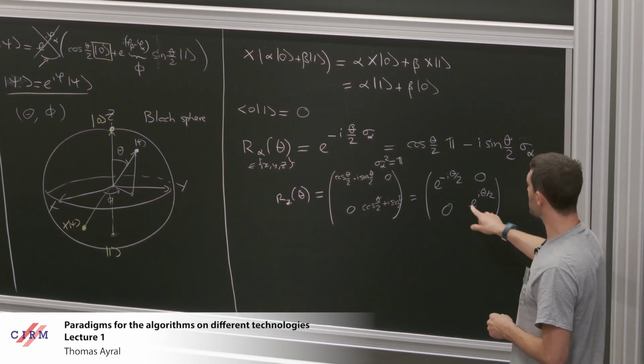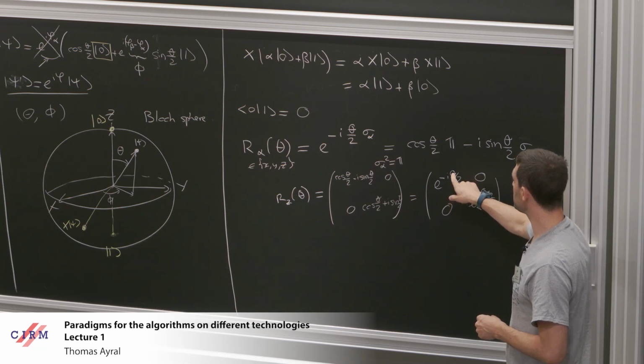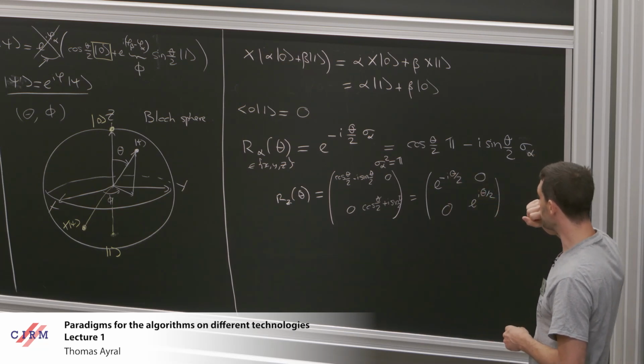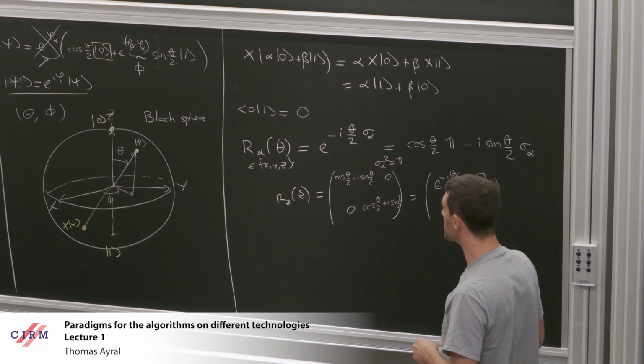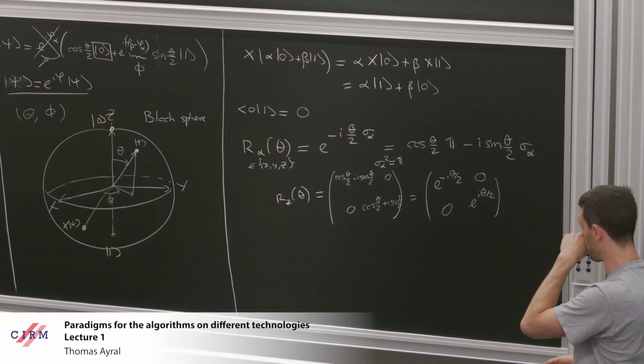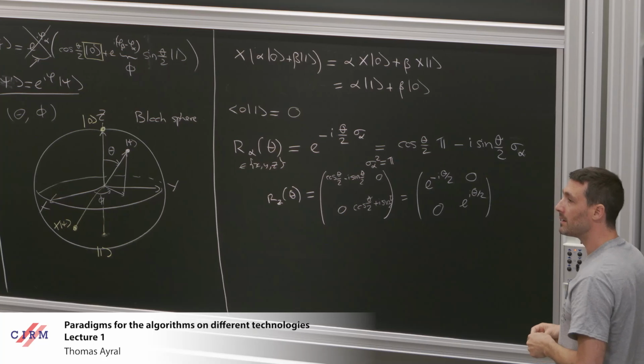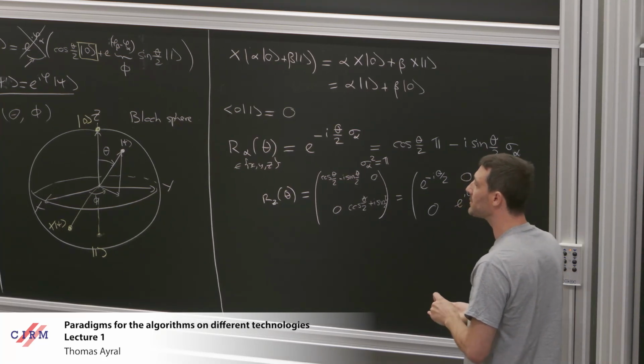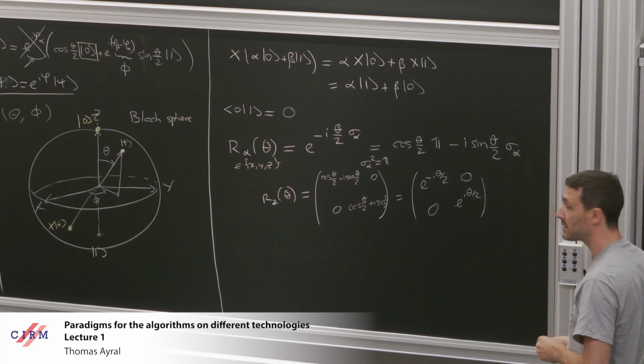Now, can you see which theta I should put if I want to find a gate which is quite similar to Z? Anybody want to try?